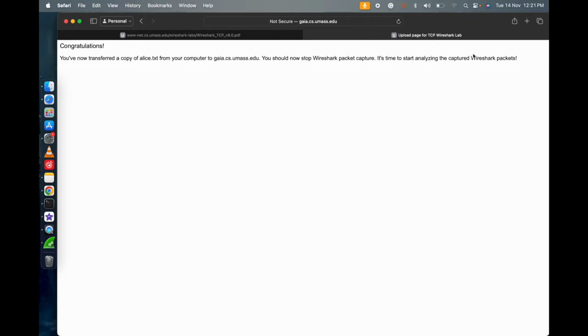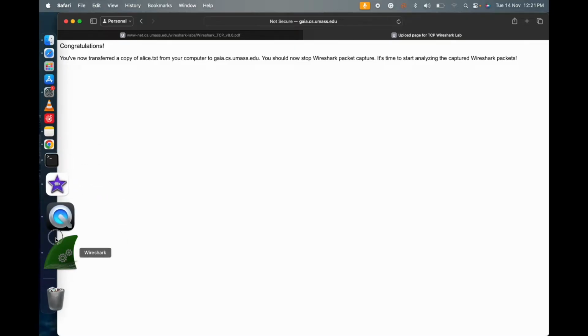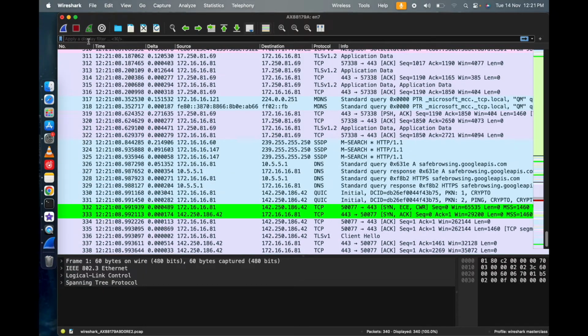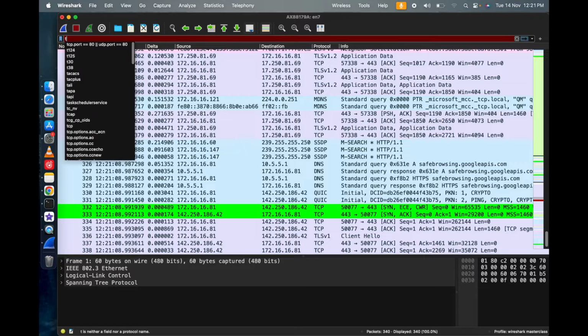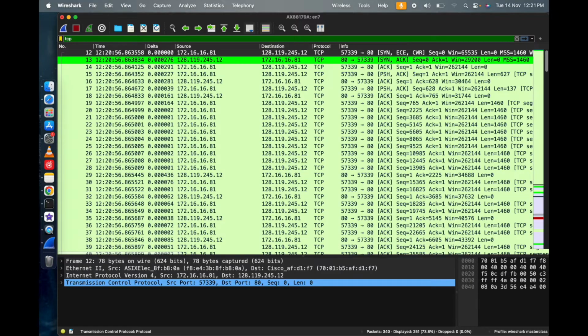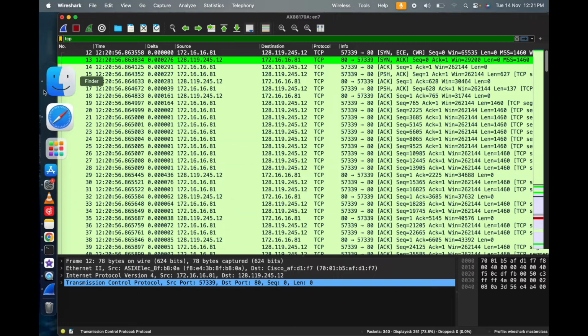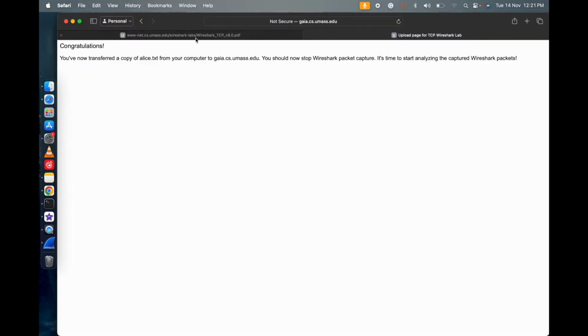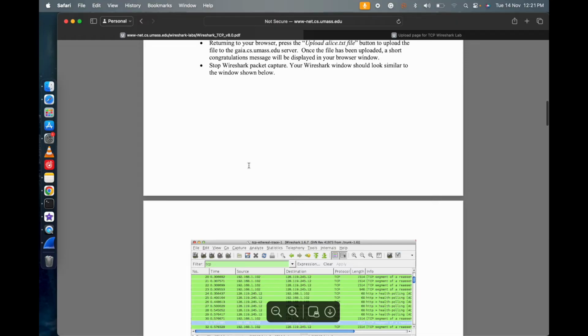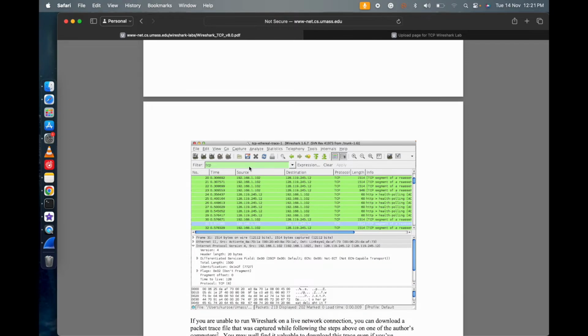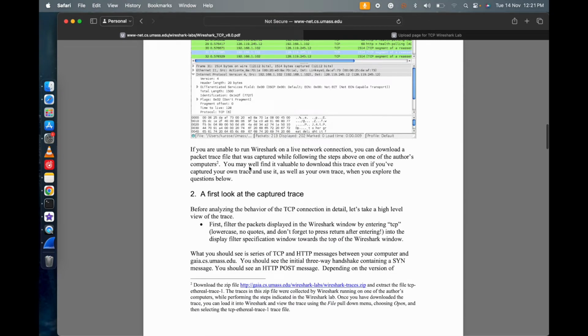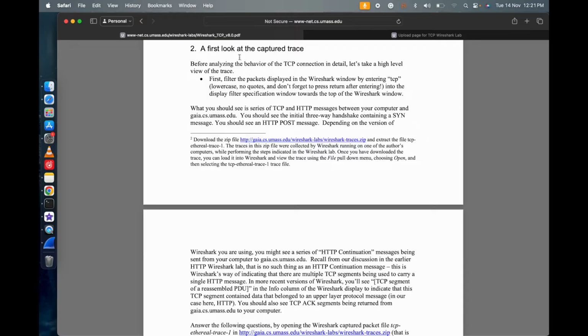You have to stop the packet capture and analyze it. I'll just stop it and filter it with TCP, and these are the packets that you have got for this. And now what you can do is first look at the captured trace.